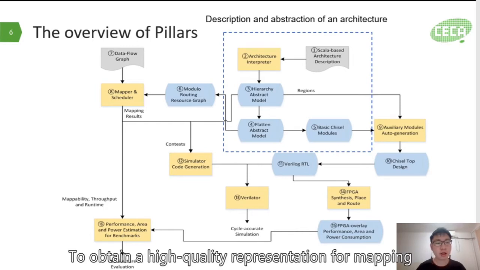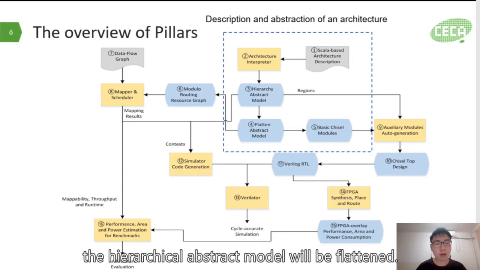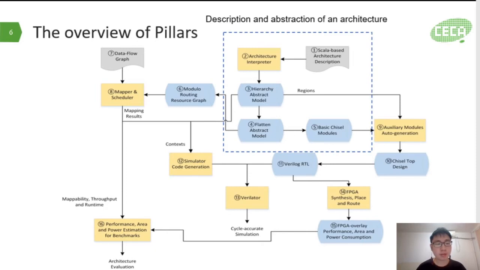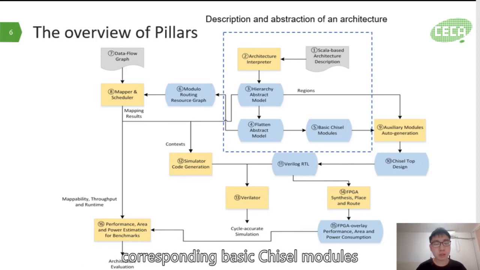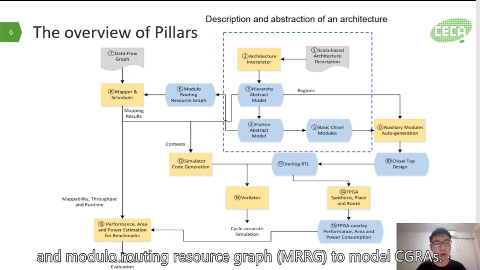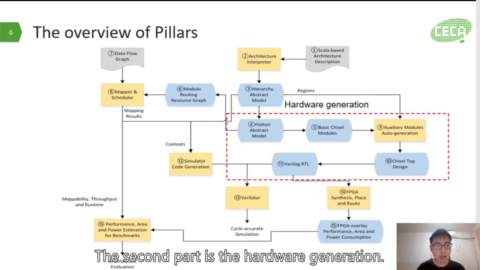To obtain a high-quality representation for mapping, and reduce the complexity of RTL generation, the hierarchical abstract model will be flattened. The flattened abstract model will produce corresponding basic Chisel models and the modulo routing resource graph (MRRG) to model CGRAs.